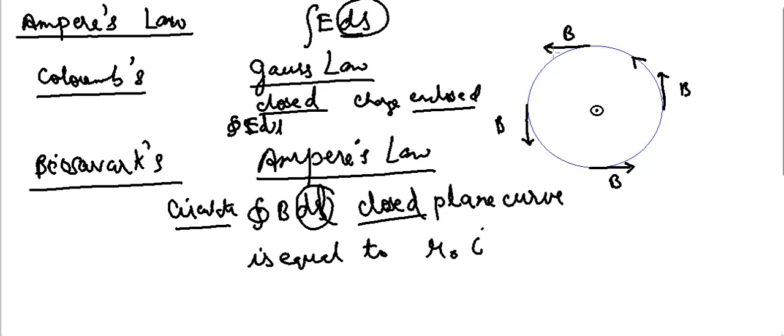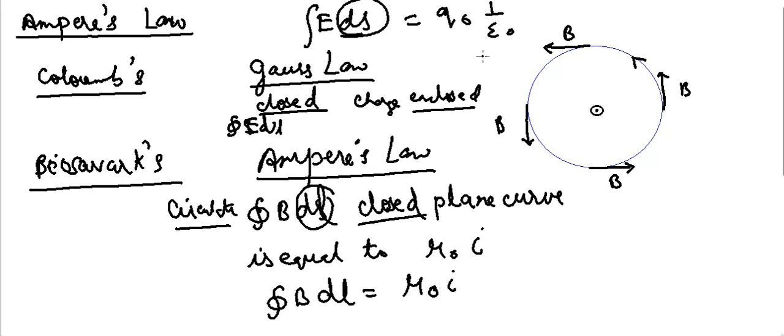It will be more clear if we discuss an example. Mathematically, the integral of B dl is equal to mu naught times I, and there it was Q times 1 by epsilon naught.